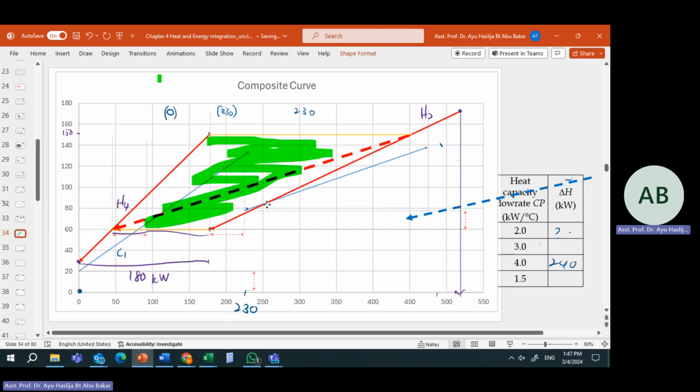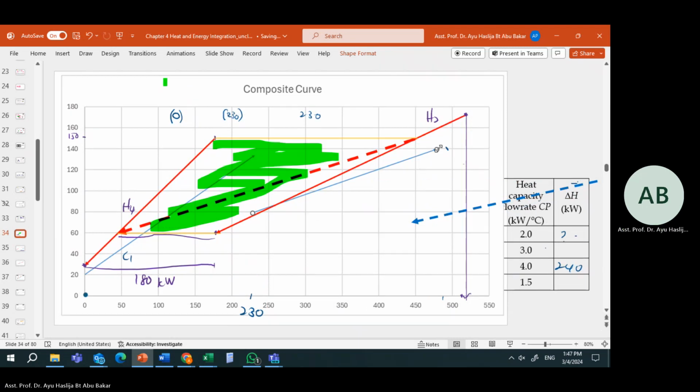Okay, so drag the line. Focus on the blue color.